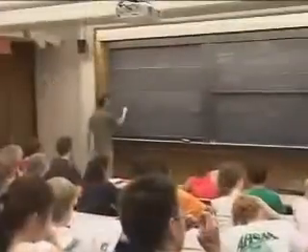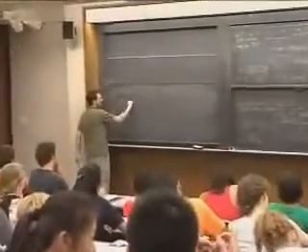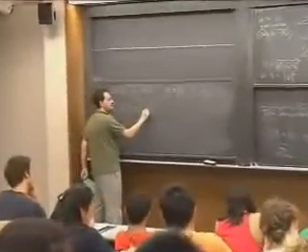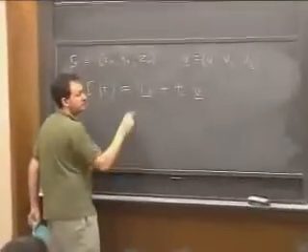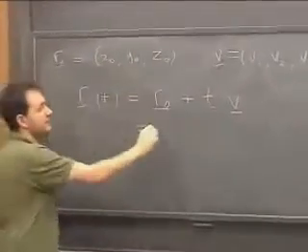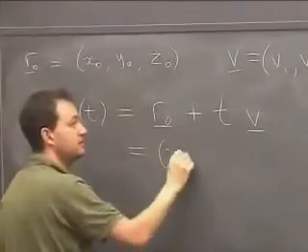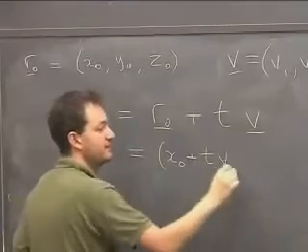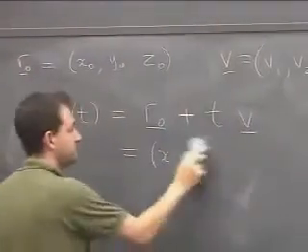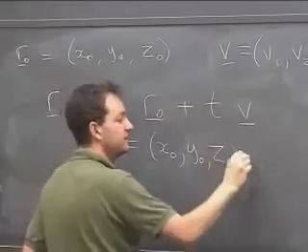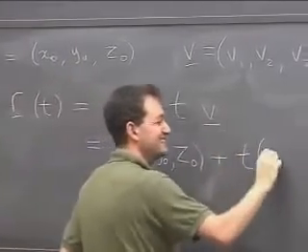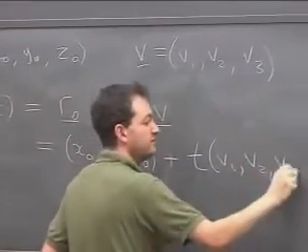And the formula for r of t, just by taking it as r0 plus tv and doing this by coordinates, you will find you get x0 plus tv1. Well, let's do it in two steps. You get x0, y0, z0 plus t times v1, v2, v3.